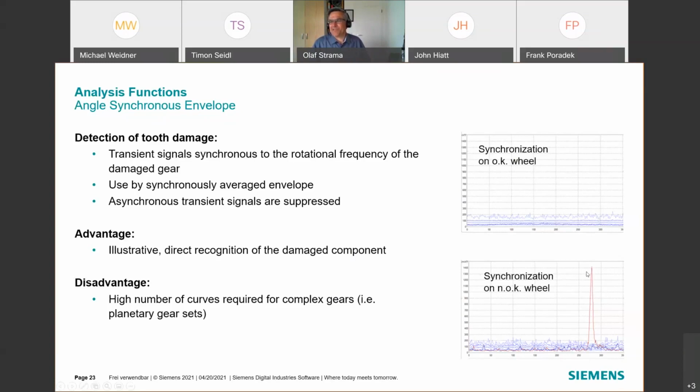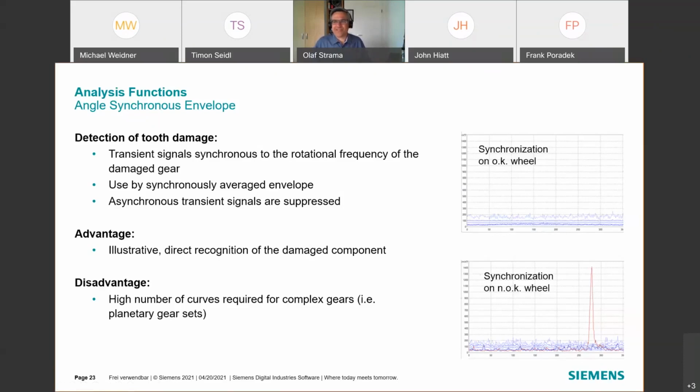But if the position of the peak is always different because the synchronization does not fit to this effect, then this peak disappears. Since it is on a different position on every curve that I used for averaging, if I average them all, then I do not see the peak at all. So that's quite an illustrative way to detect damages.